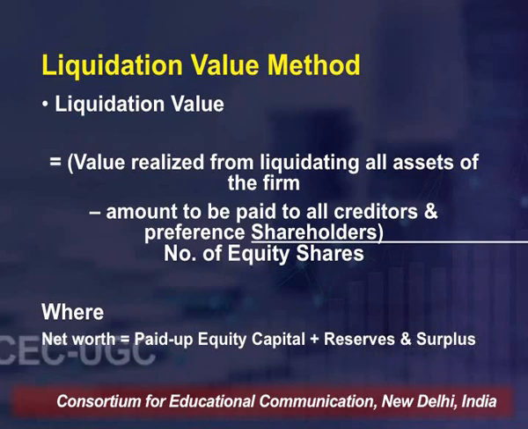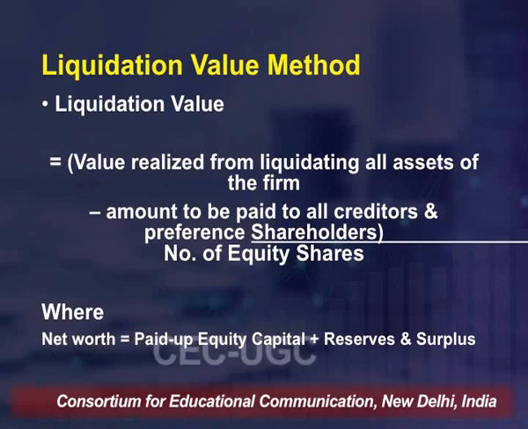So whatever value you realize by selling all the assets and the amount which you have to pay to your creditors, the difference between the two is actually the liquidation value of that particular company.